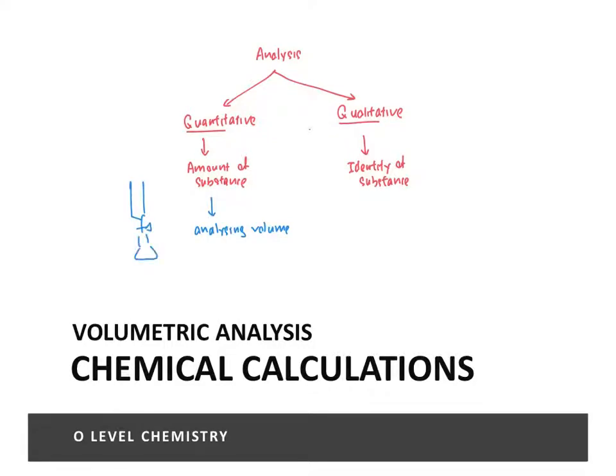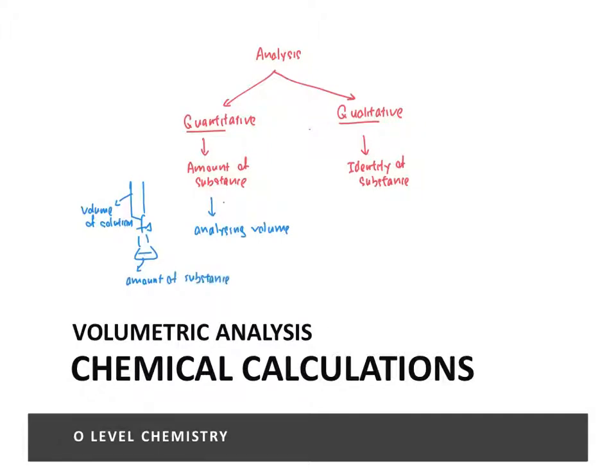In titration, the main objective of the experiment is to find the volume of solution used in the burette. Why is that important? Because from the volume of your solution used in the burette, we can go on to find out the amount of a certain substance in your conical flask.